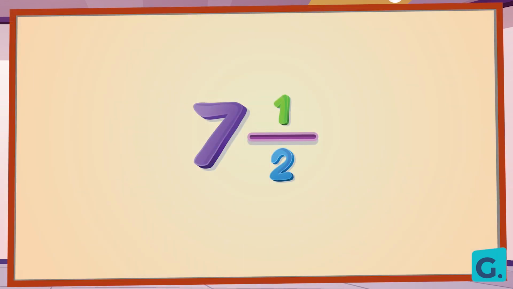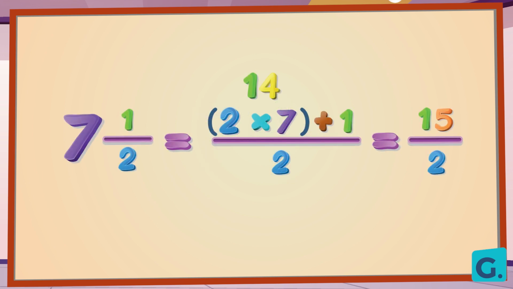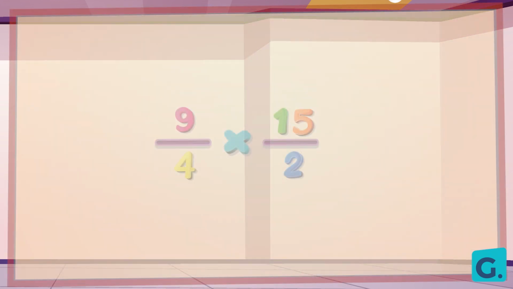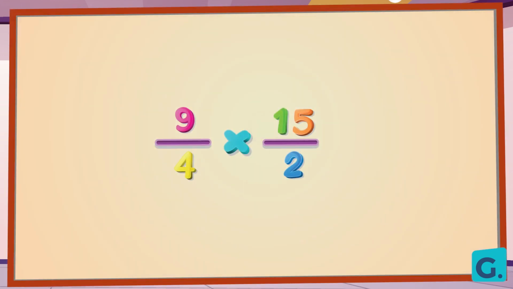The next is to change 7 whole number 1 over 2 to an improper fraction. 2 times 7 will give us 14 plus 1, that will give us 15 divided by 2. So the mixed numbers are going to then change to 9 over 4 times 15 over 2.